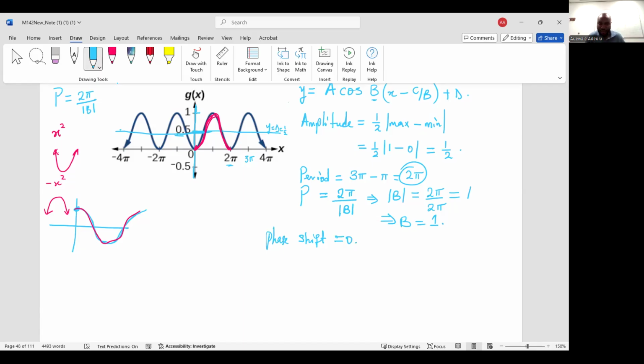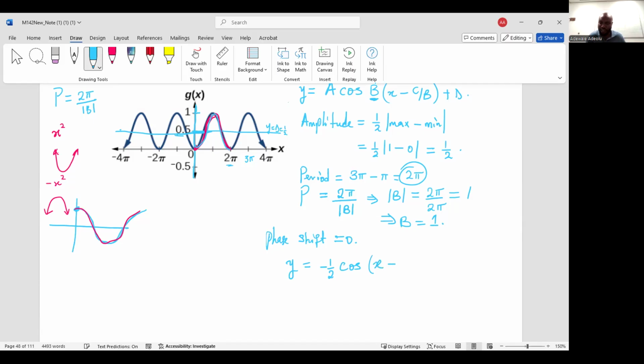And I will claim that my formula is y equals negative 1/2, because of the way I have considered my equation this way. Negative 1/2 cosine, b is 1, so I can just leave it.